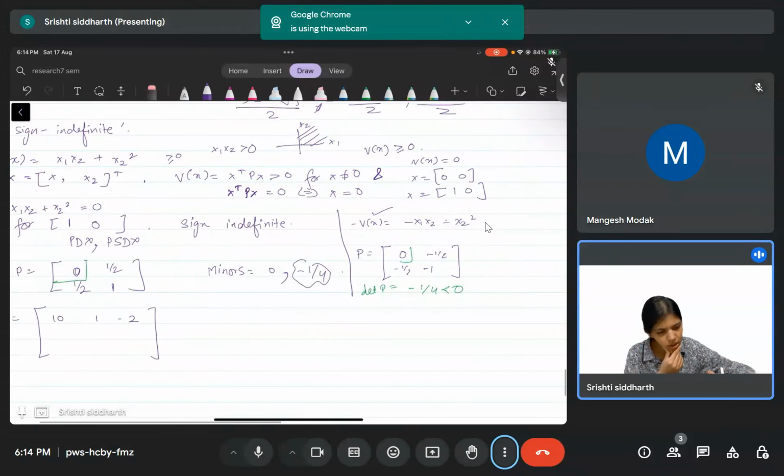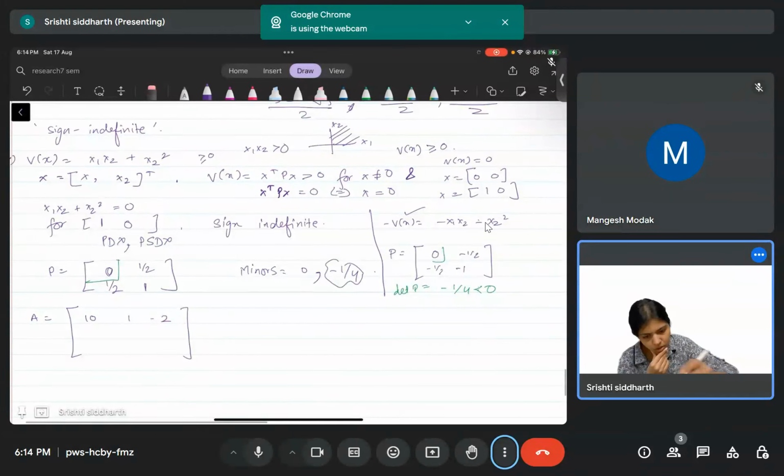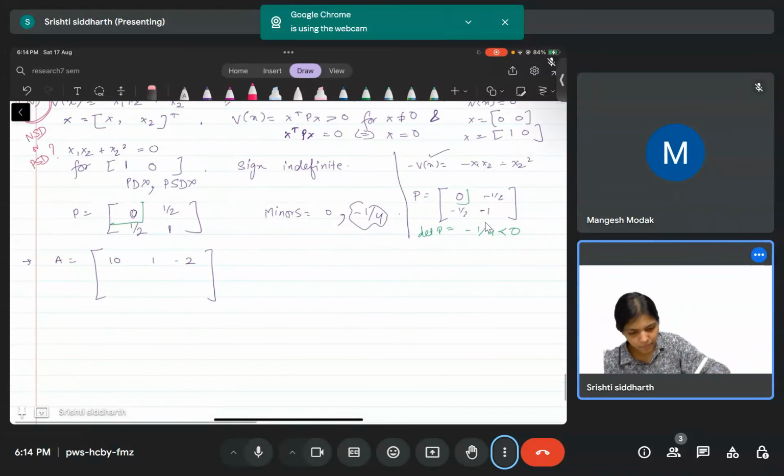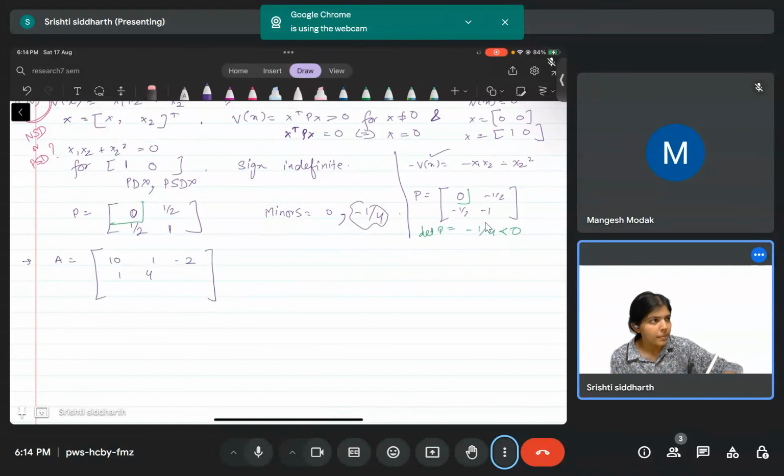Let's start looking after this class. So your claim is that it is not semi-definite. So here, next to minus 1. And now we use the Sylvester criterion.